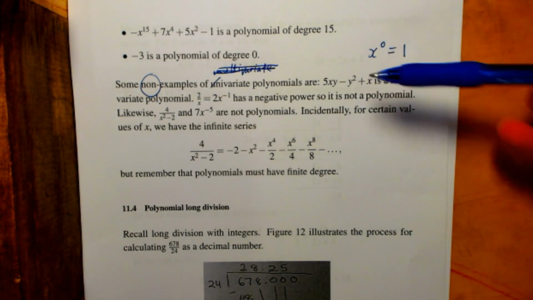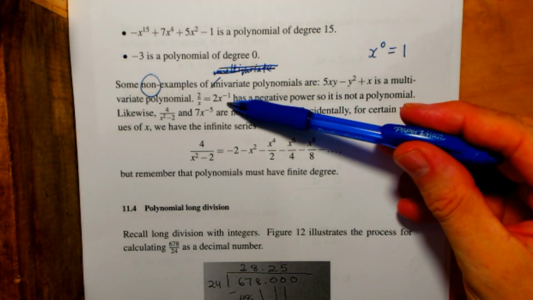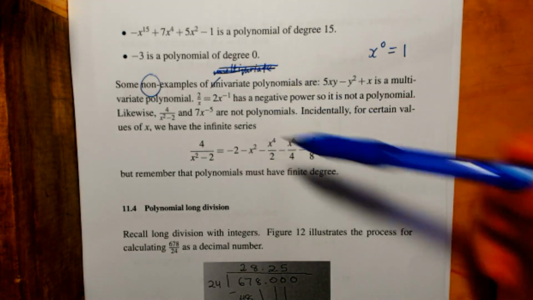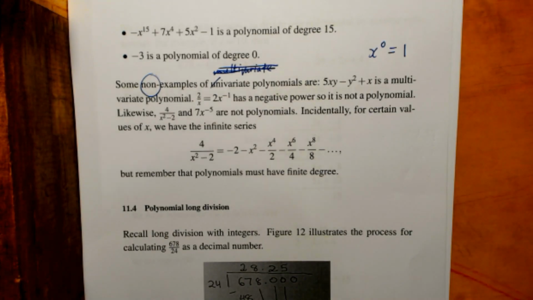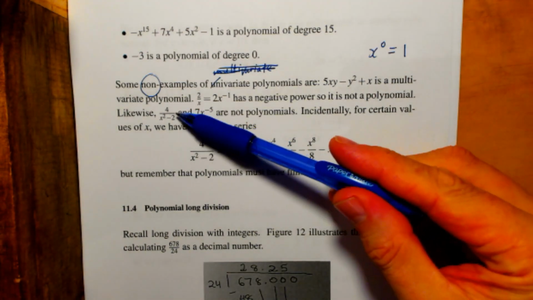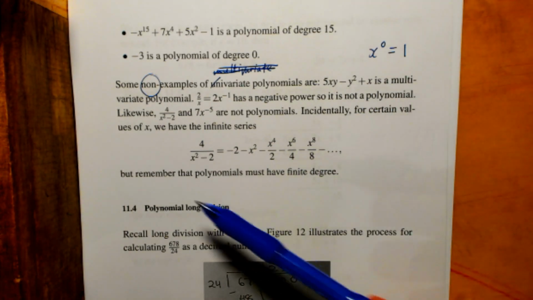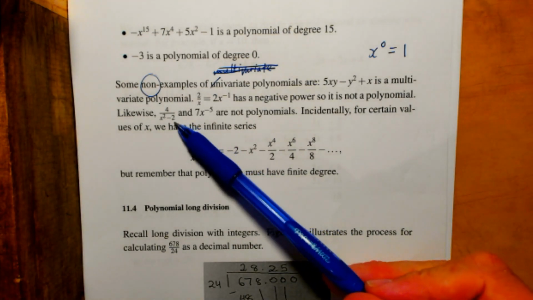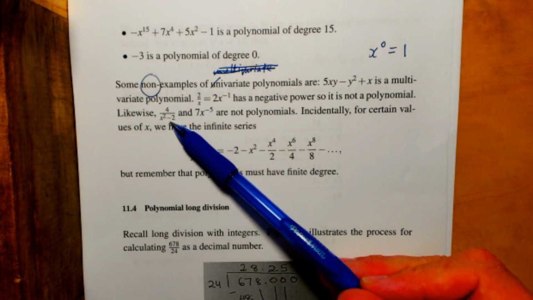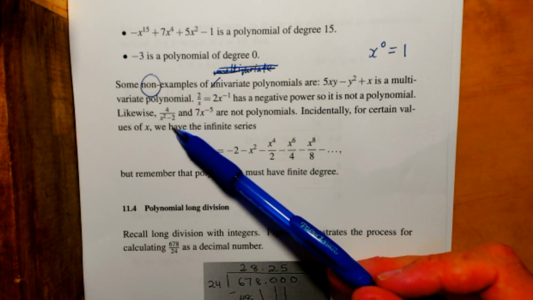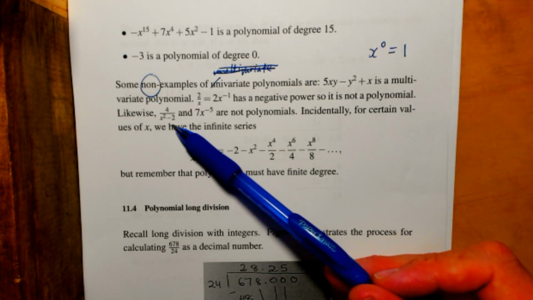And the reason why this one is not a univariate polynomial is because the powers need to be non-negative to be called a polynomial. Similarly, 4 over x squared minus 2 is not a polynomial because it's not possible to express this as a finite sum of real numbers times powers of x, where the powers are non-negative.